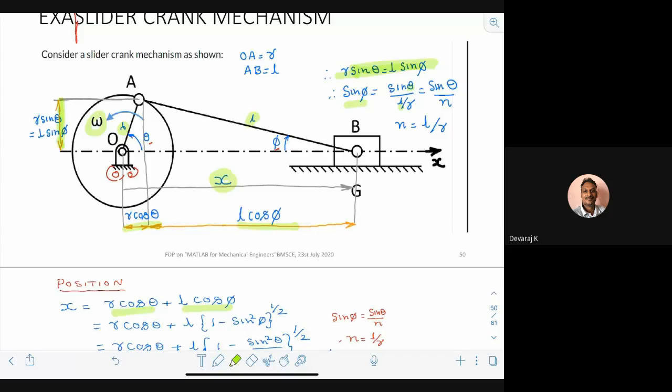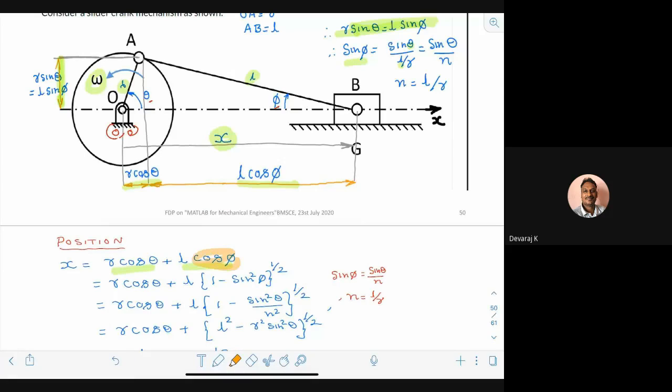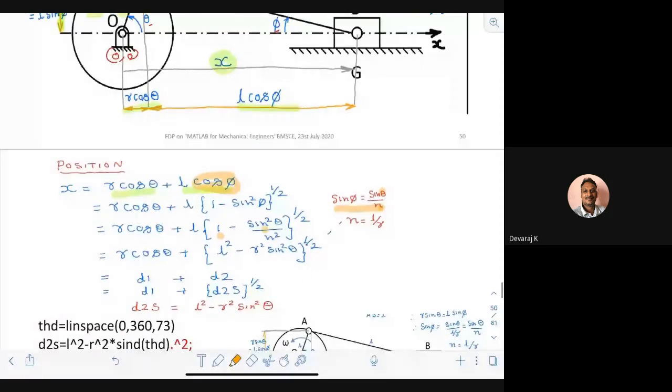So you can rewrite this equation by replacing cos phi in terms of sin phi and then sin theta. Cos phi is 1 minus sin square phi to the power of half. And you know sin phi is sin theta by N. Therefore, it becomes 1 minus sin square theta by N square to the power of half, and N is L by R. If you replace N as L by R, you get the simple expression for the position of the piston.